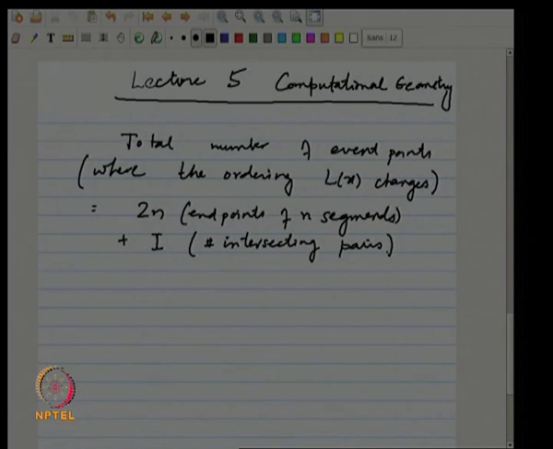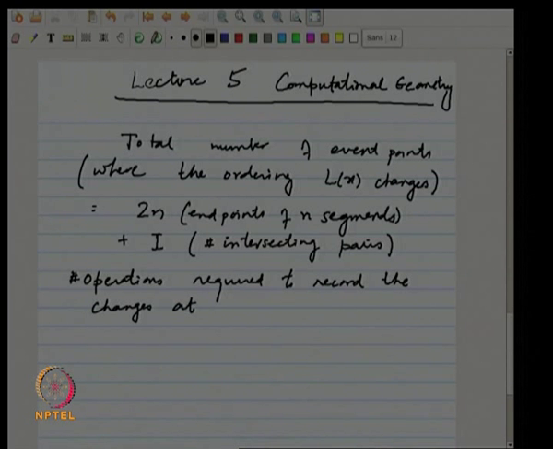Now, to analyze the running time of the algorithm, we need to only analyze how much work or how much time is spent for dealing with each event point. So, let us say the number of operations required to record the changes at each point.